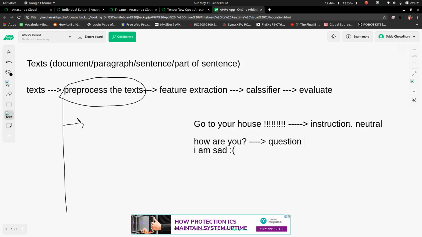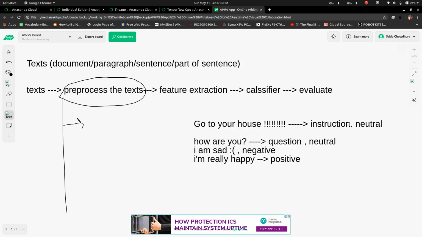Then how are you? It's actually neutral. I am sad, so we can term it negative sentiment because this is sadness. And I'm really happy, so this is what we call positive sentiment.